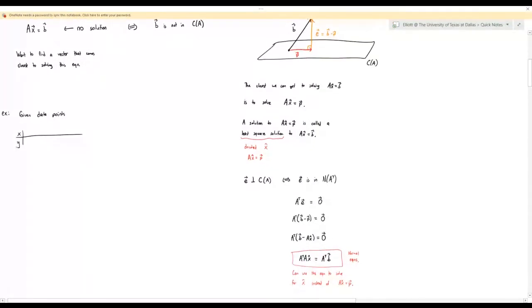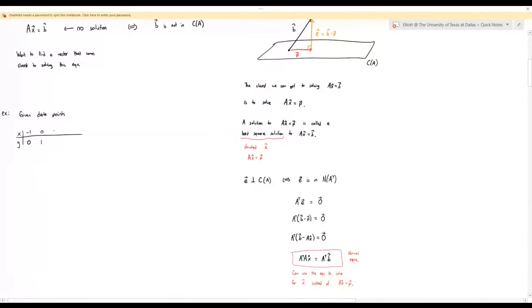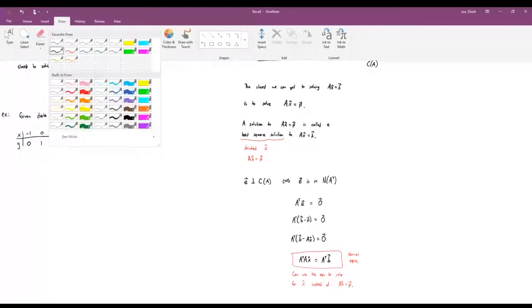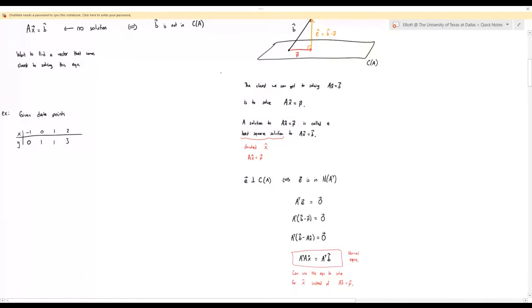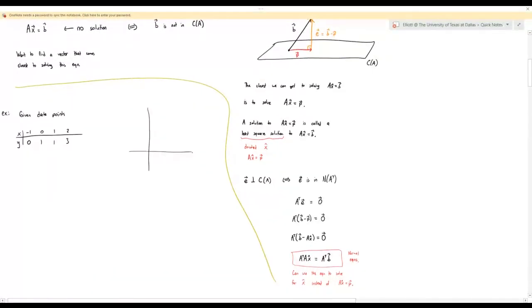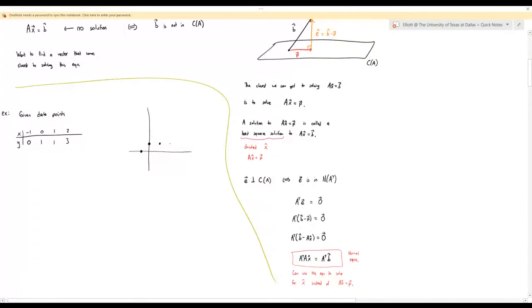I'll arrange the points into a table. So we have the points (-1, 0), (0, 1), (1, 1), and (2, 3). Okay. And not super important for the problem, but I'll get a little bit of a sketch going. So here we've got the points (-1, 0), (0, 1), (1, 1), and (2, 3).